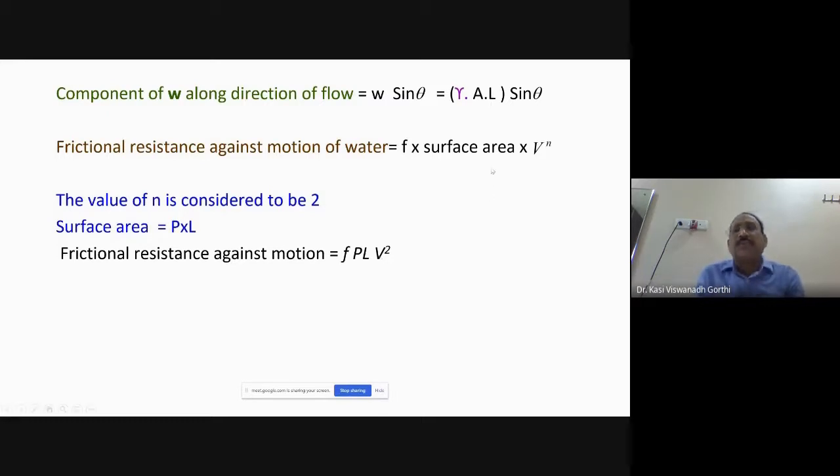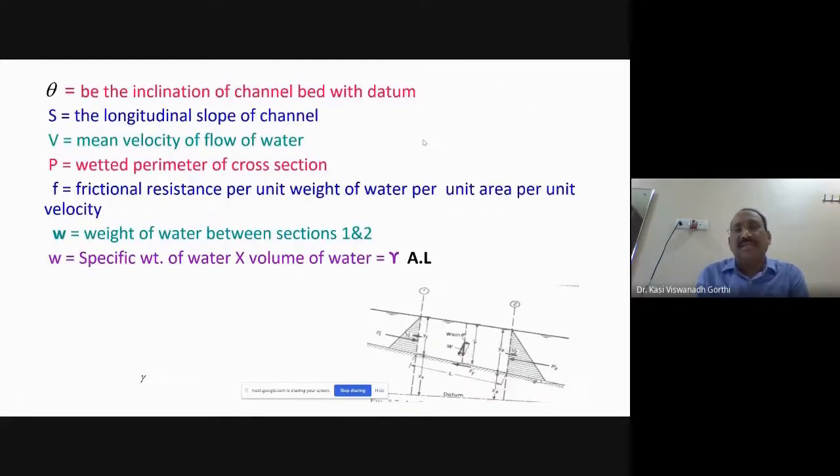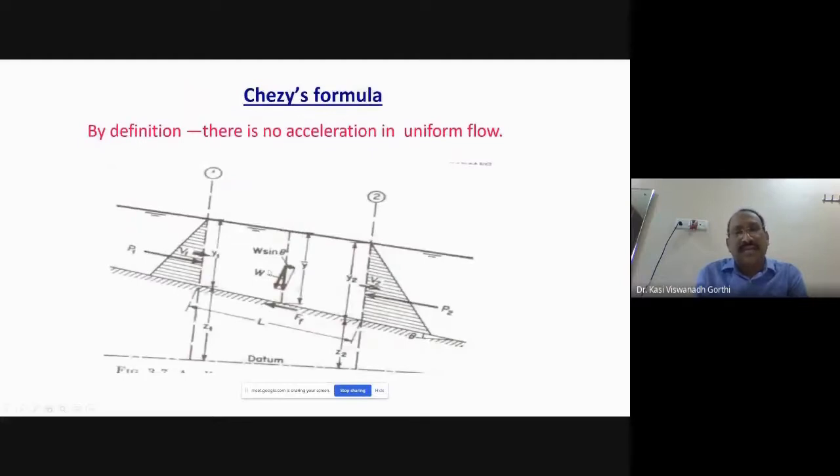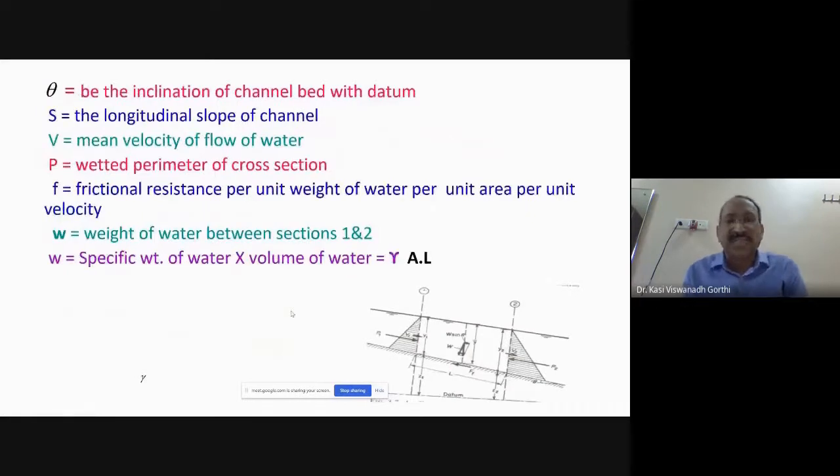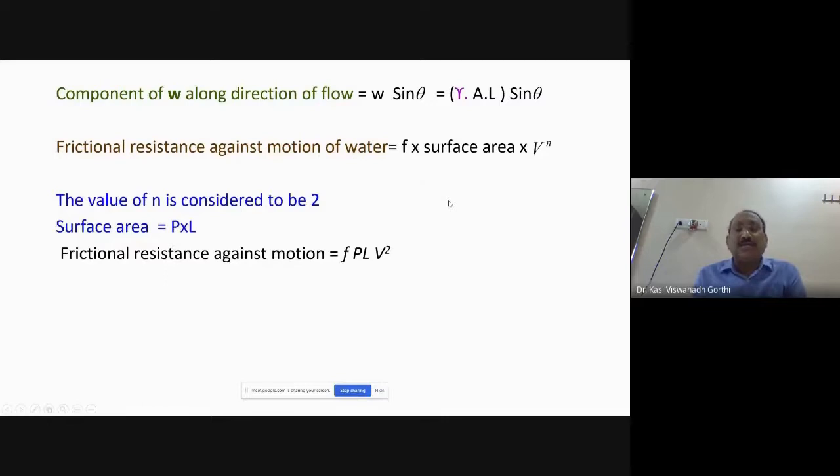I would like to just explain once again how you get this frictional resistance against motion of water. I'll just go back to the previous slide. FF is the frictional resistance which is opposing the motion. So this resistance will be offered by the flowing fluid not only from the channel bed but also from the sides of the channel. So if P is the wetted perimeter, then the frictional resistance per unit weight of water, per unit area and unit velocity gives you the total frictional resistance.